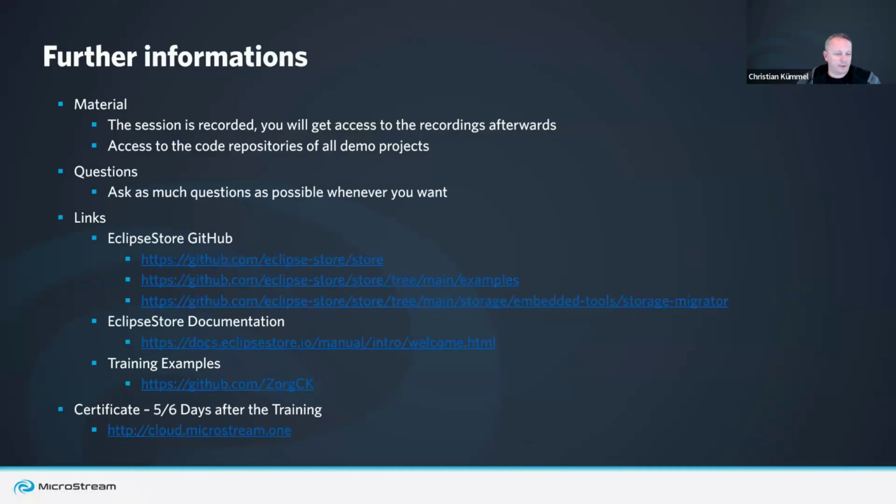I would say 5 to 6 days after the training, or a week, you will be able to register on our cloud platform, and then you will see a certificate area on the left. So give me just a second, and I can show you this. Okay, it should look like this.